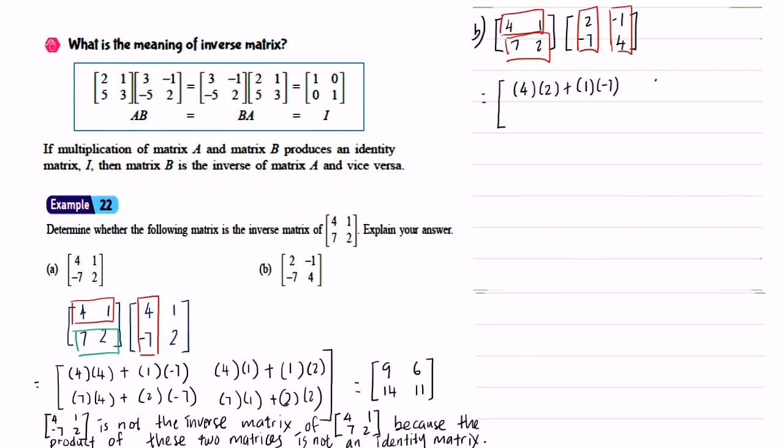And of this, 4 times negative 1 plus 1 times 4. 7 times 2 plus 2 times negative 7. 7 times negative 1 plus 2 times 4.